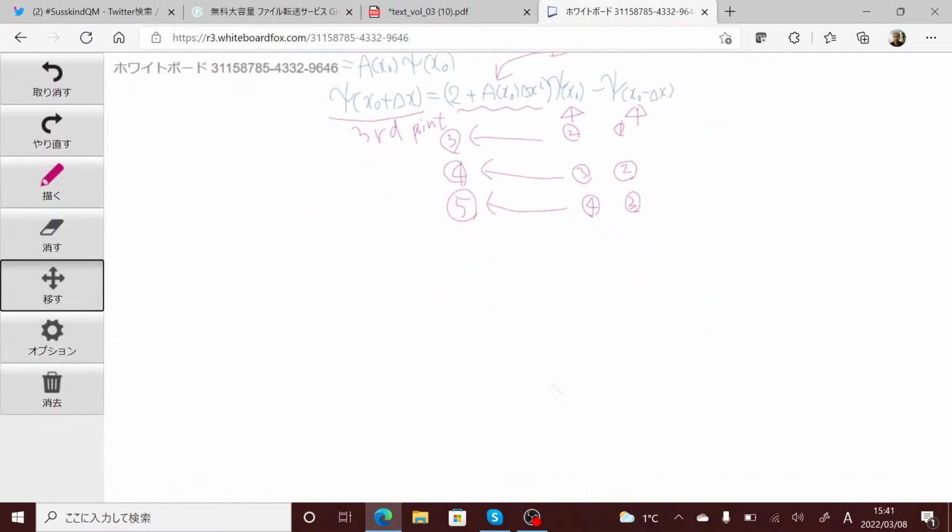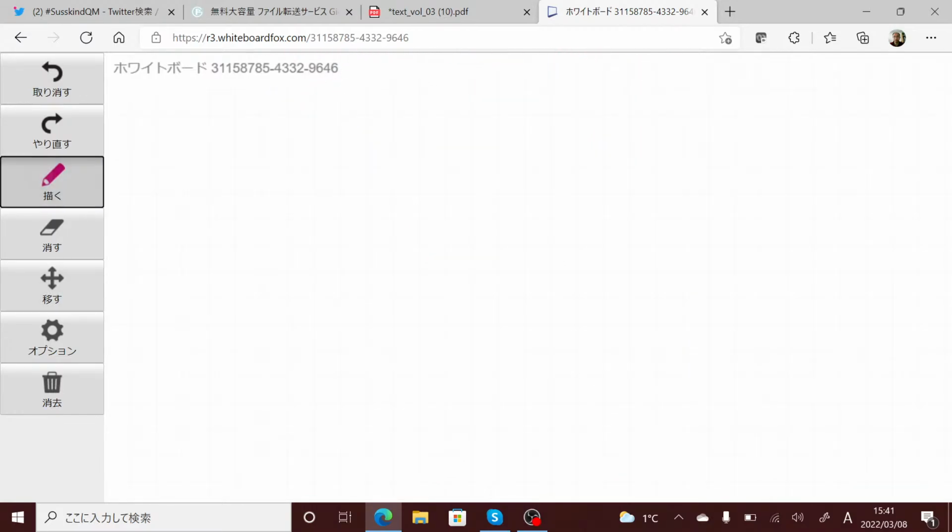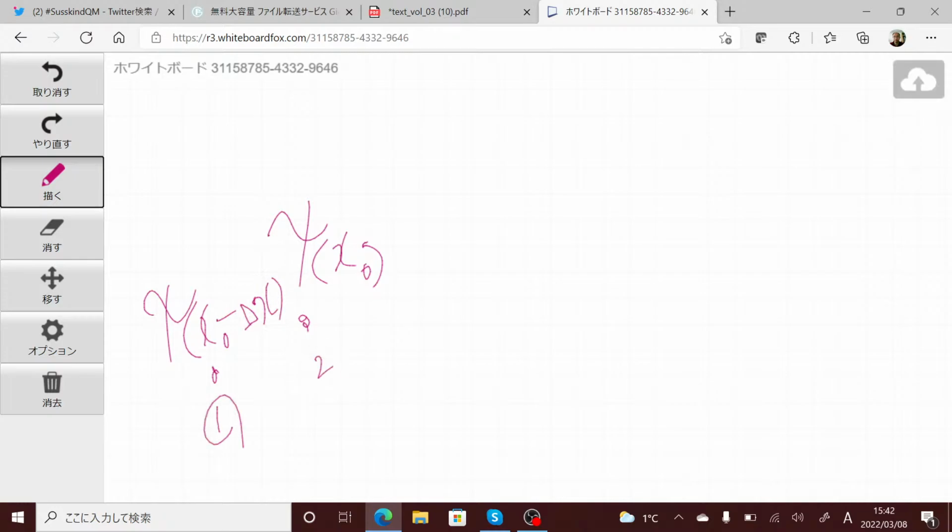So if we have psi of x0, and psi of x0 minus delta x, so then this is 1, 2. So we can find the number 3 point and number 4 point.